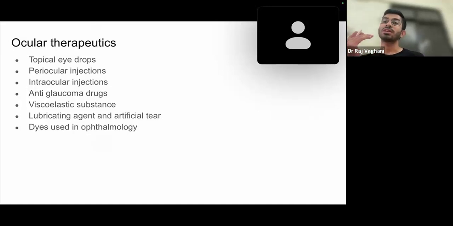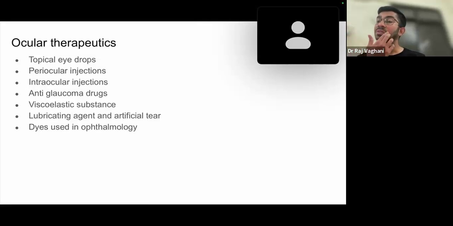We'll discuss topical eye drops, periocular injections, and intraocular injections. The most commonly used therapeutic in the disorders of the eye is basically eye drops. You must have encountered that whenever you go to an optometrist or ophthalmologist for checking your eye, they prescribe you an eye drop so that your eyes do not get very dry.